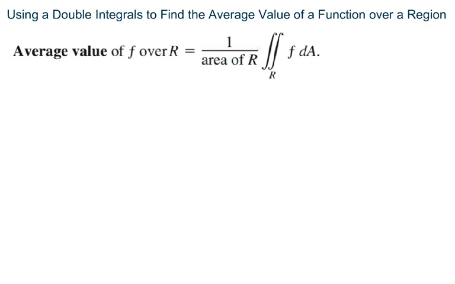Well, here we aren't dealing with a number line and breaking it up into some A to B value. We have an area. So in this case, we're going to take that double integral and divide it by the area.